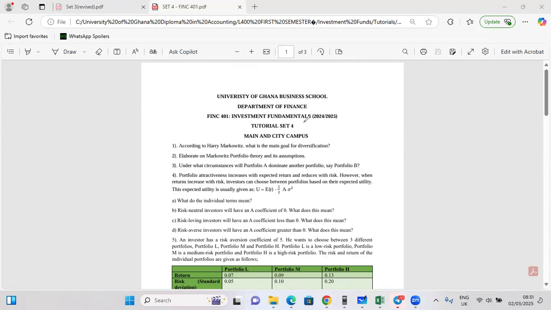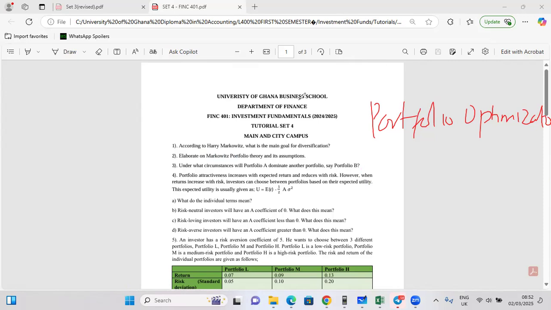The next one is portfolio optimization. Markowitz proposed that investors should build a portfolio by selecting asset combinations that minimize risk for a given expected return or maximize return for a given level of risk.